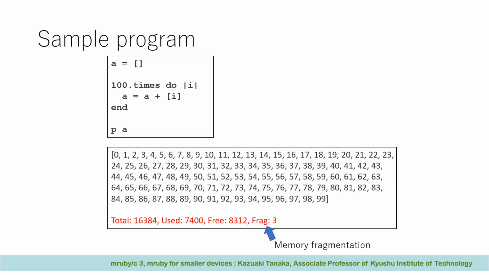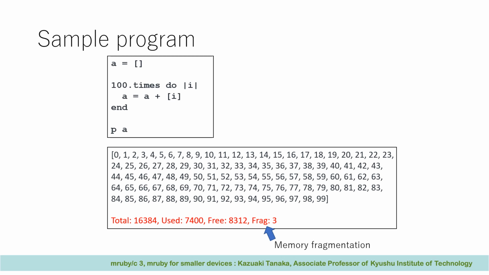This is the result of the sample program. This program is very simple. First, an empty array is assigned, then 100 numbers are added to that array, and the array is printed. So memory consumption is 7,400 bytes of used memory, as you can see.